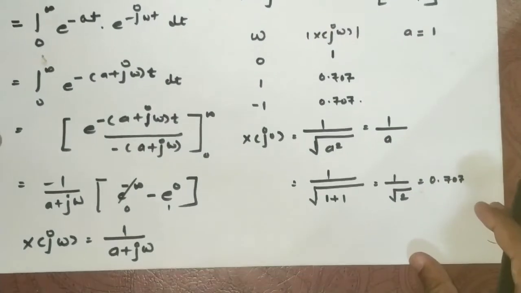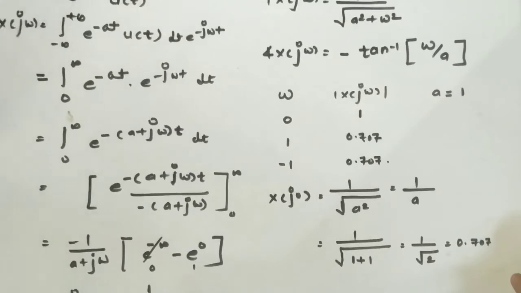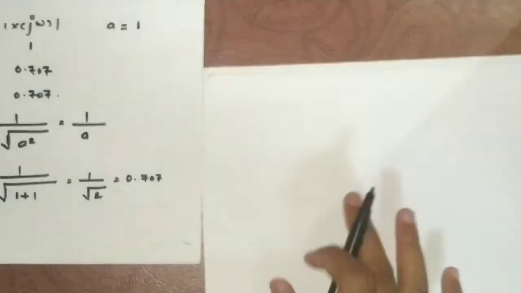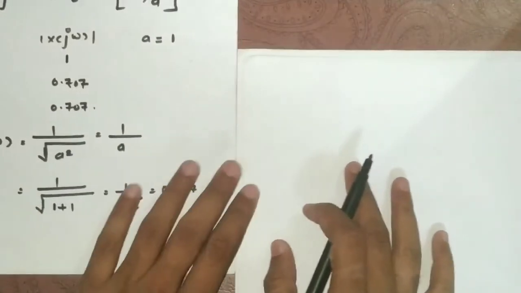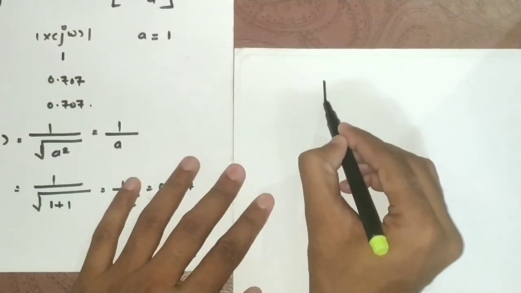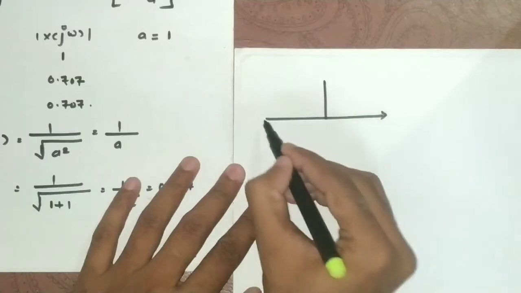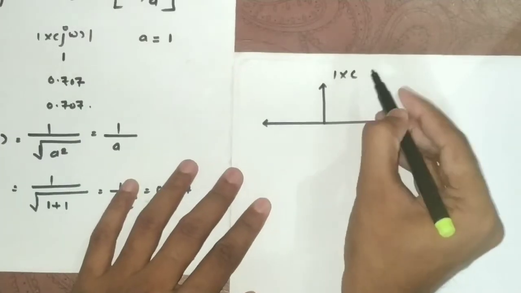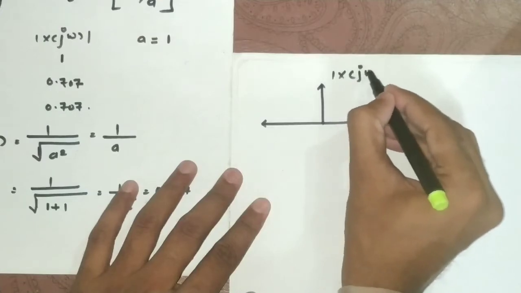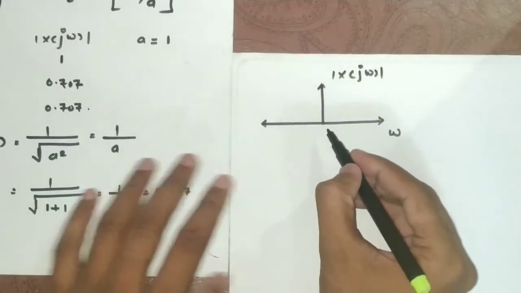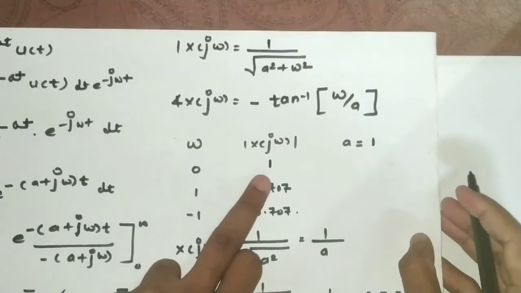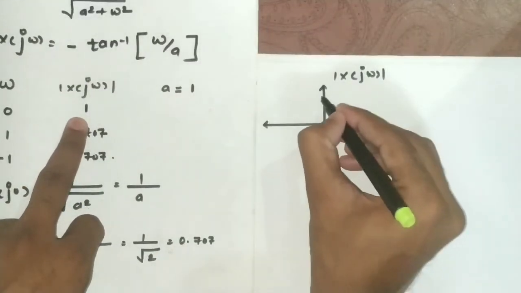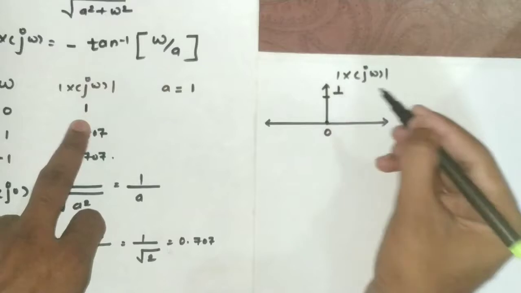Now based on these values, let us draw its magnitude spectrum. I am keeping this as a reference. Here we will take the x-axis parameter as omega, and on the y-axis we have magnitude mod X(j omega). For the first value, at omega 0, we are getting magnitude as 1, which is going to be maximum.